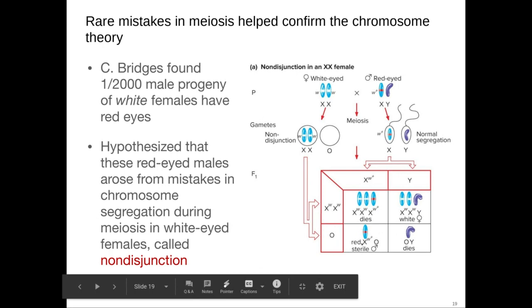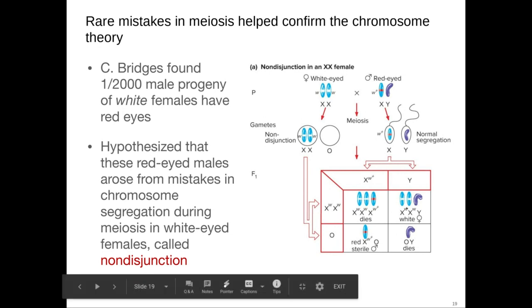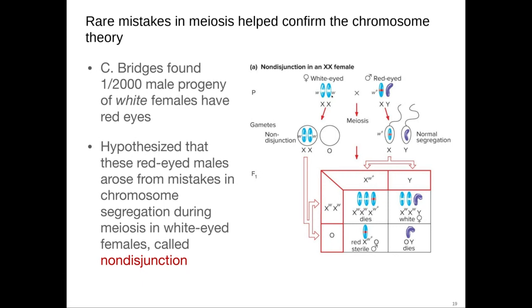But then you get males that are X W plus, red eye, and then XXY females that had white eyes. So you had this kind of flopping, right? Why? Because we had non-disjunction occurring. And again, this phenotypic ratio only exists in this very special 1 in 2,000 chance.